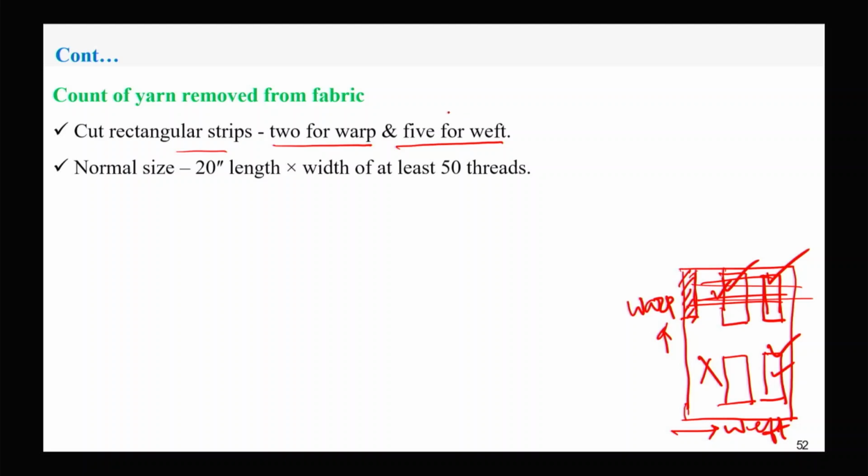Because we normally take weft from different packages, so there may be some variability. So that you must use different ones, a higher number of weft is there.